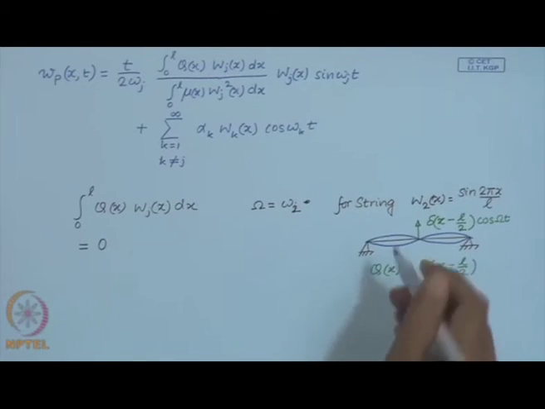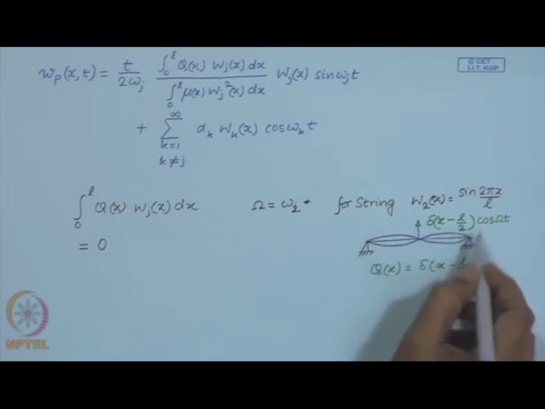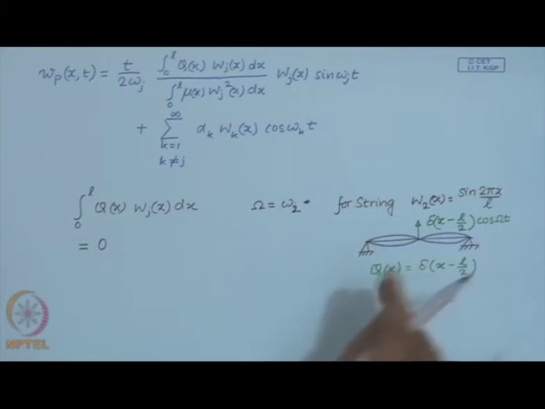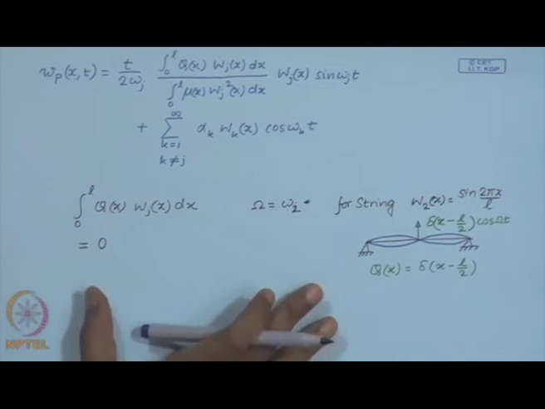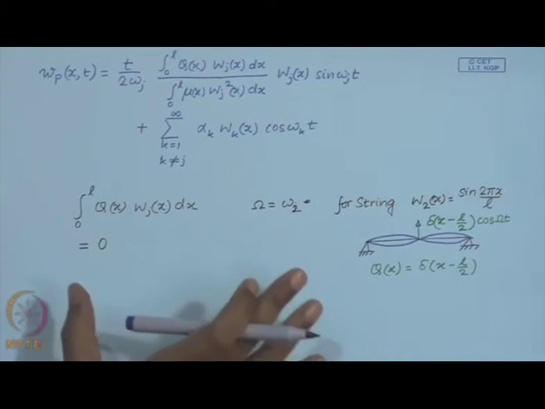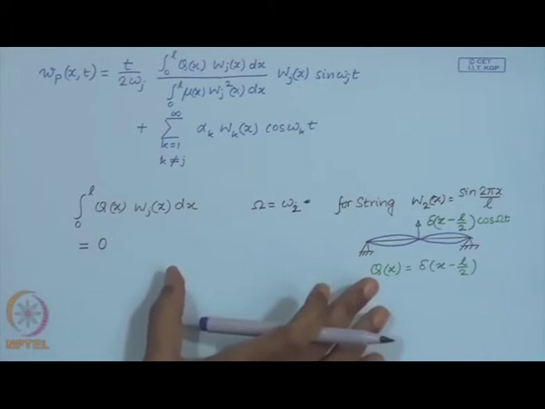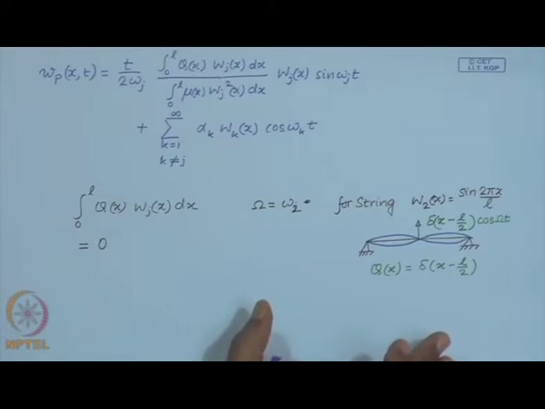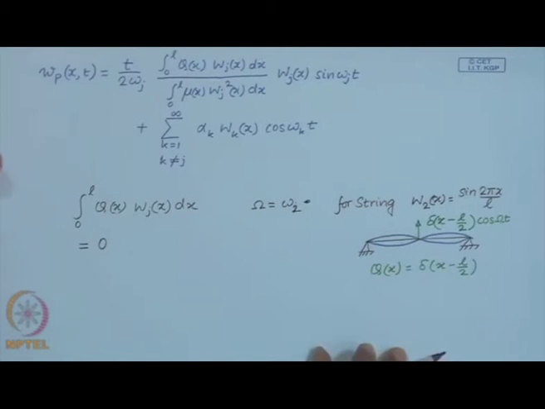There can be other situations, and one such example we are going to look into very shortly. What we see here is that in a continuous system, just forcing the system at a resonant frequency does not mean that you will observe a resonant solution. So, the location of the force is also important in these situations.